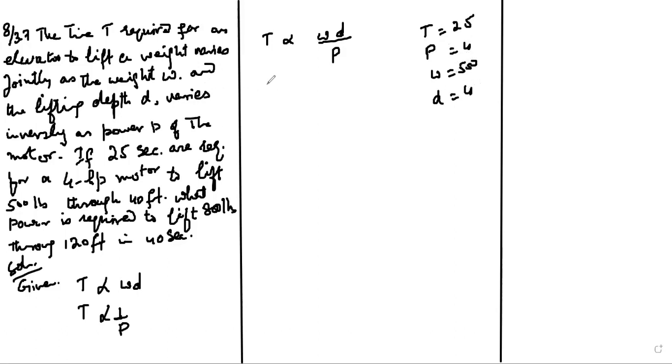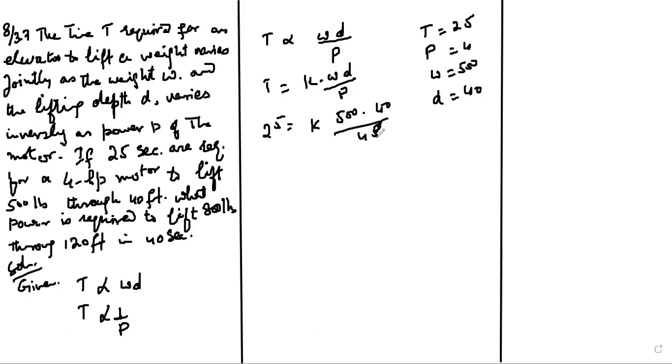Putting the values, T equals K times WD divided by P. So 25 seconds equals K times W, 500 pounds, D, 40 feet, divided by P, 4.